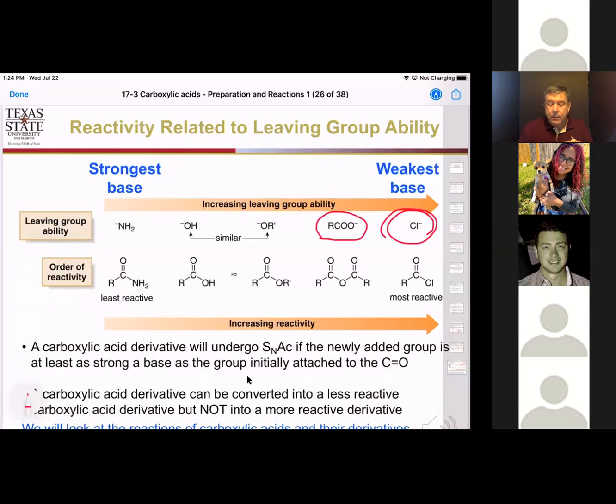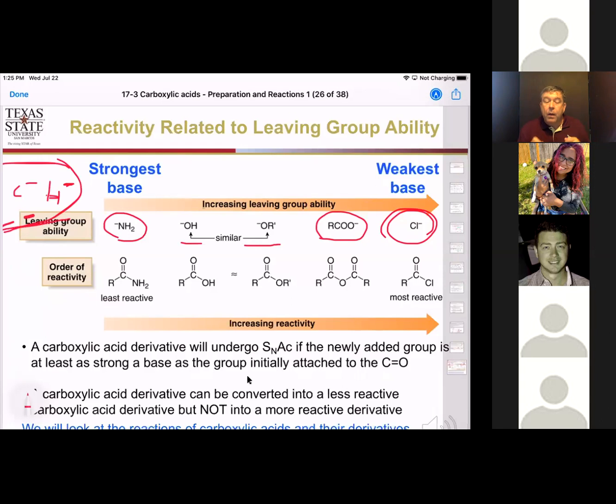Then hydroxide and alcohols and water are both about the same acidity. Therefore, they have about the same ability to leave. Our ammonia is a little more basic, which means it's a little less able to leave. And then, of course, our carbon anion and our hydrogen anion are way up here as really, really strong bases, and they don't leave at all.